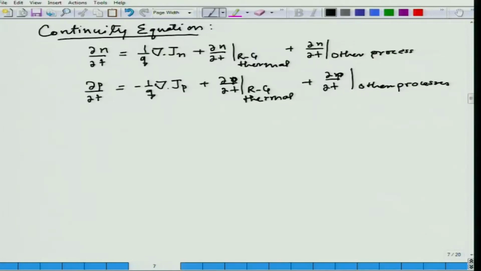approximations and gave the equations for minority diffusion, under the approximation for the minority carrier diffusion equation.